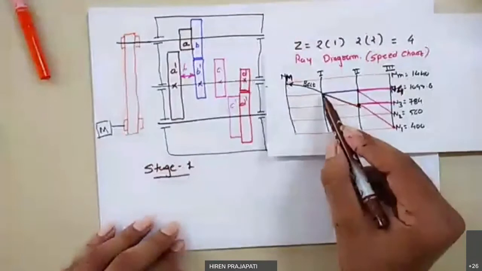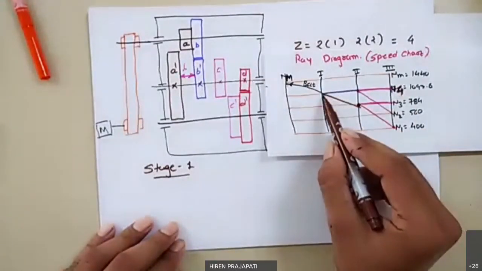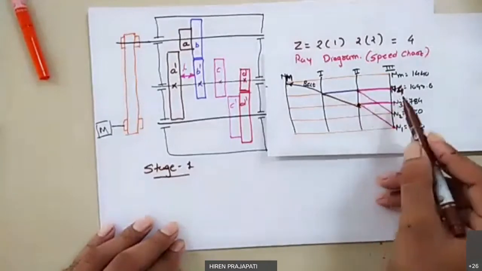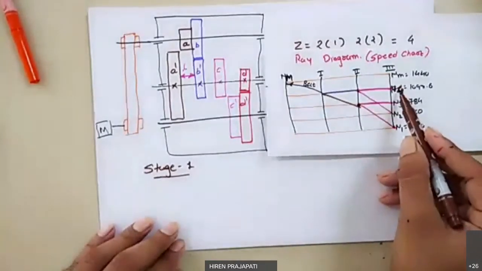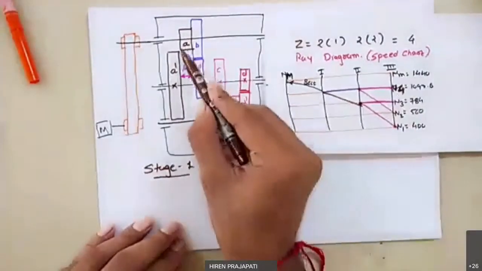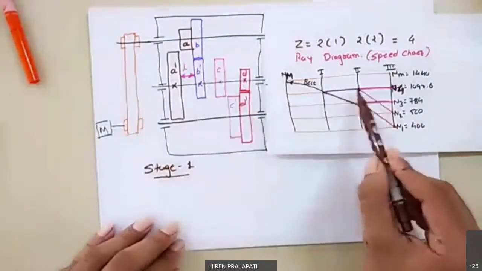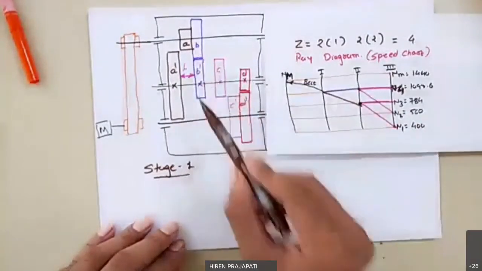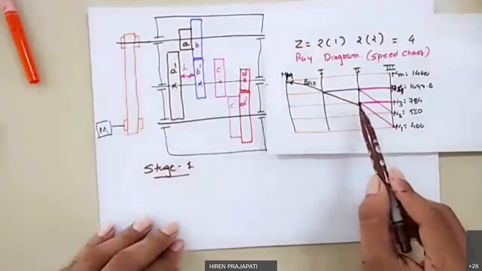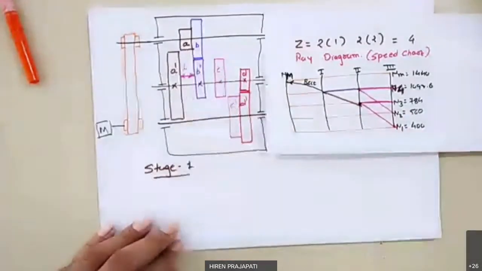What is the input speed? It's N4. After stage 1, on shaft 2, we are getting two different speeds, N4 and N3, right? N4 to N4, the same speed, we are getting with the B dash pair, and N4 to N3 reduction in stage 1 we are getting with the A dash pair, right?